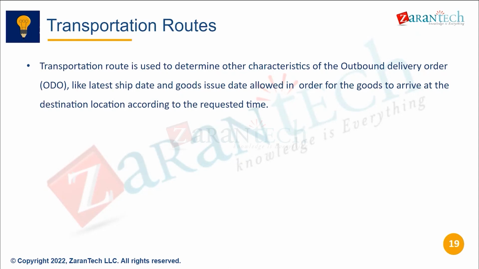So in that case we will use these transportation routes. This is not that much used, because till now I have not used transportation routes in any solution which I have worked on.